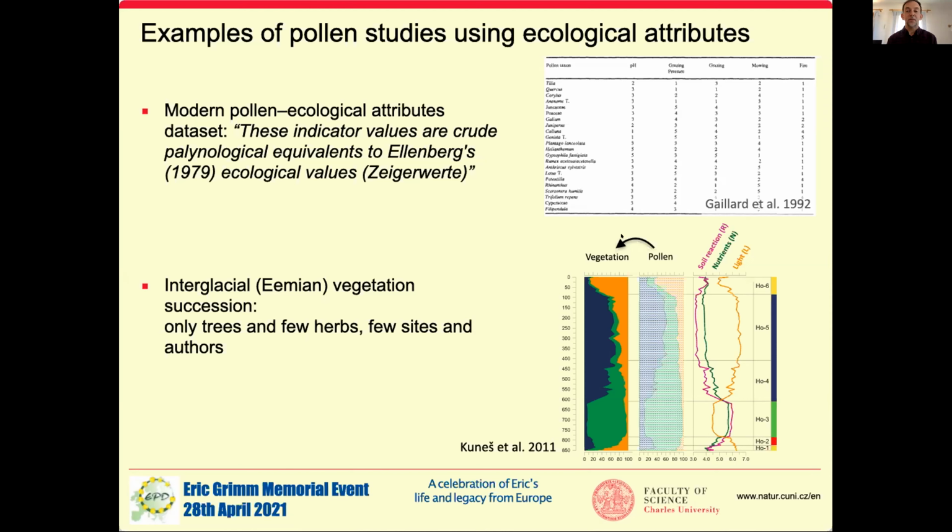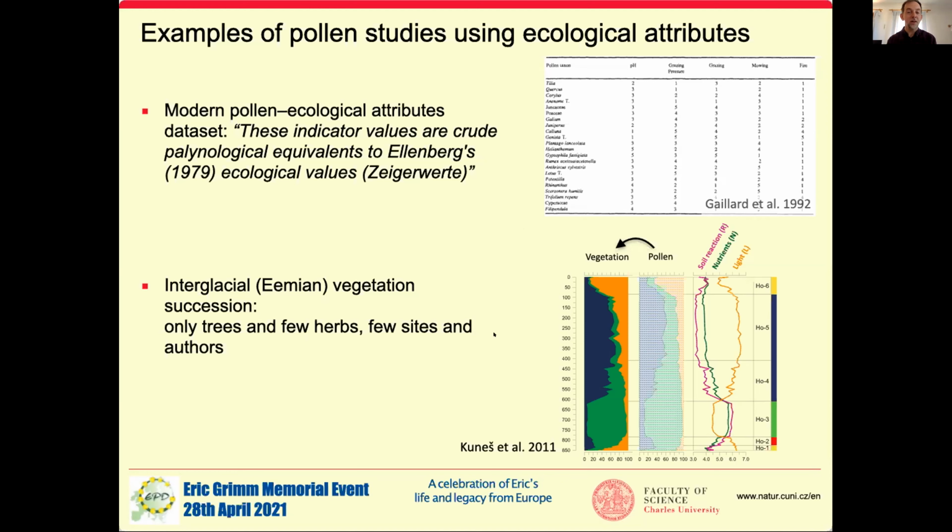And based on that, they derived and basically transferred it to pollen taxa. So here we get the first set of ecological attributes, which they say are acute palynological equivalents to Ellenberg's ecological values. So basically we have a set of quite many pollen taxa already, and they have these ecological attributes that potentially can be used to reconstruct some ecological characteristics of pollen assemblages in the past.